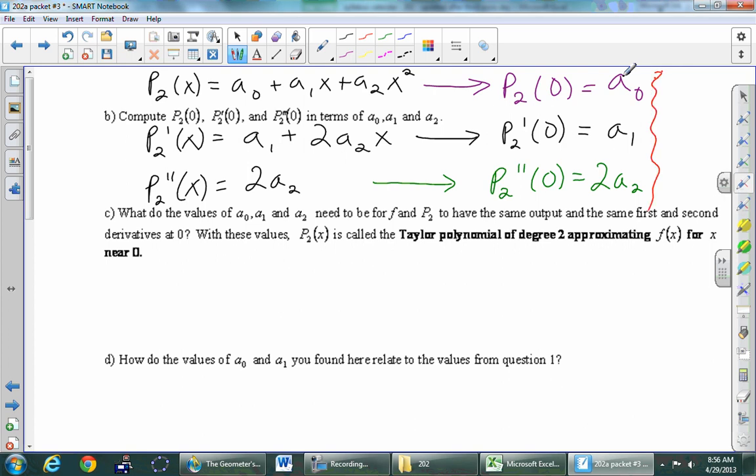Somebody remind us from the previous side, what was f of 0? It was 1. What was f prime of 0? That one we found already was 2. And then f double prime of 0 we just found on the bottom of the previous page is 4. Did everybody see where we're getting these numbers from?